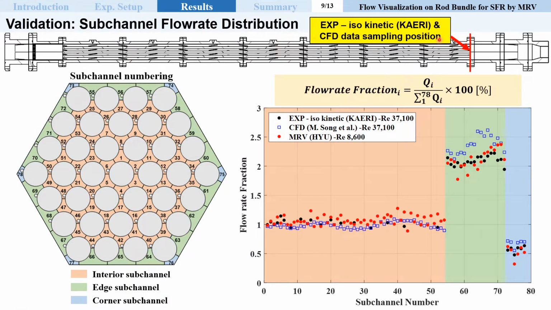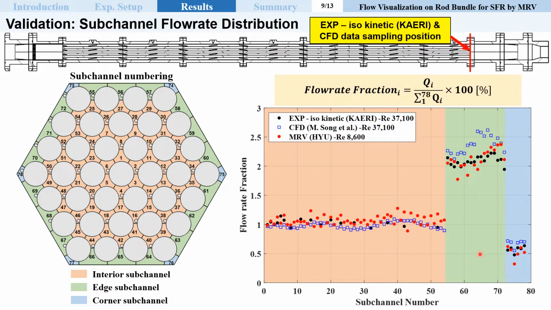Before analyzing the results, we conducted validation, comparing the flow distribution with existing results. By dividing into subchannels like the following figure, the flow rate fraction for each subchannel is calculated. For reference data, the flow rate extracted by each subchannel at the Korea Atomic Energy Research Institute and CFD results were used.